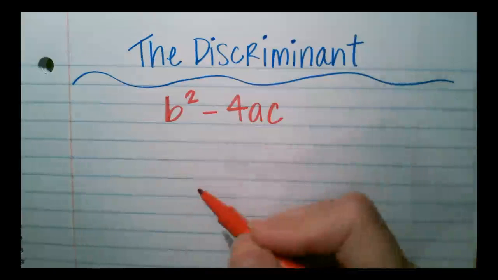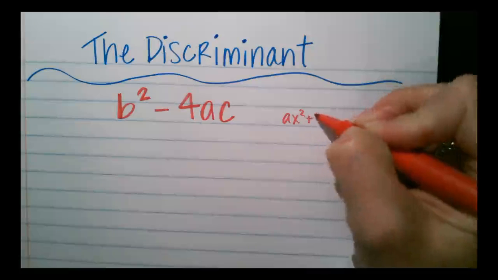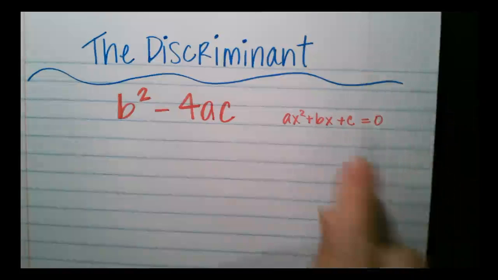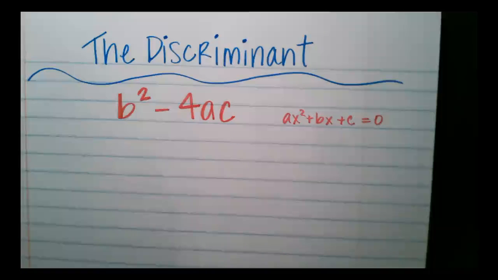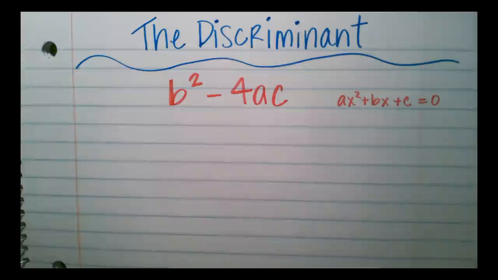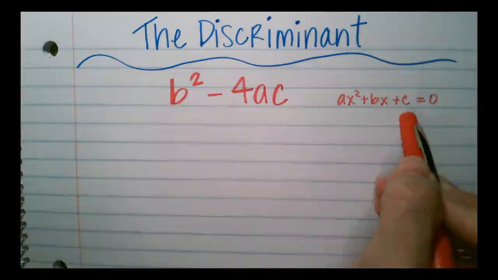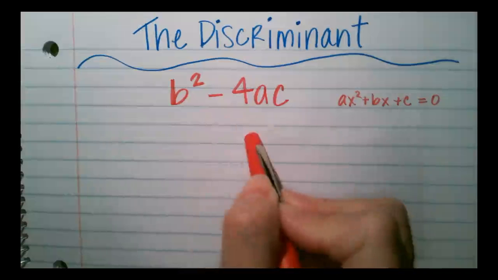Now, keep in mind that we get the a, the b, and the c from our original problem. So you need to make sure that you get this set equal to 0 before you determine the values for your a, b, and c. Okay, so you're going to take these three numbers, fill them in, and work them out.